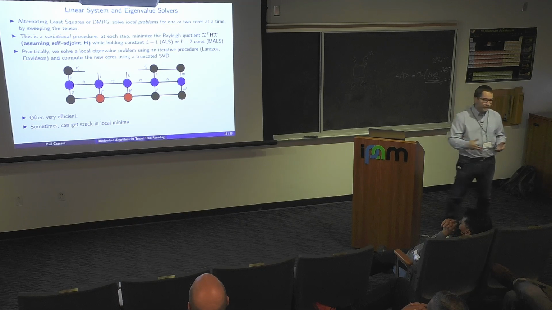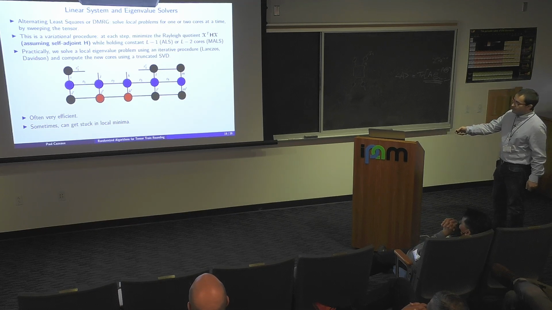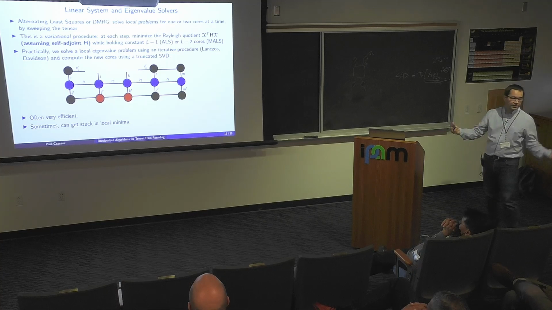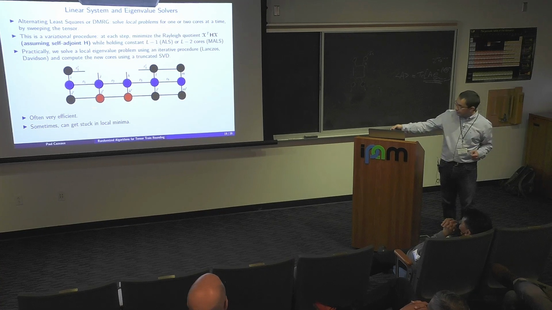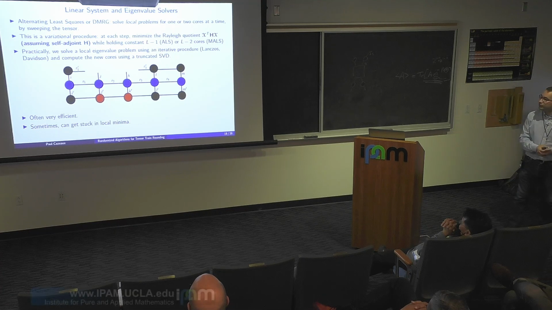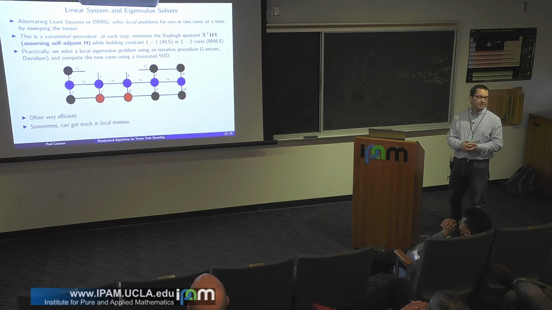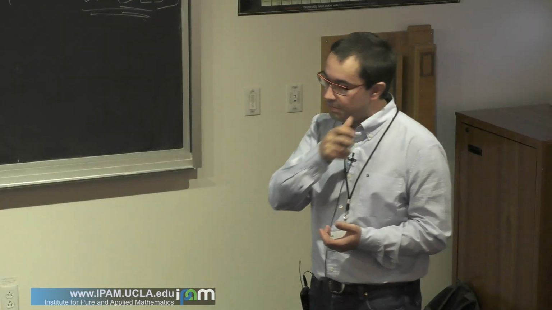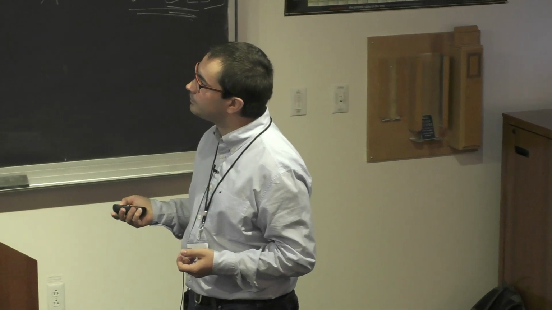It's classical, Lanczos, maybe a Davidson algorithm. And then I will obtain some big object that spans these two cores. I will truncate it using the SVD, and then continue sweeping to the right, sweeping to the left, and I will iteratively converge to the solution in many cases. Sometimes this procedure actually gets stuck in local minima, and this is why there is a whole business of introducing additional noise a little bit, randomizing in order to try to escape these minima.